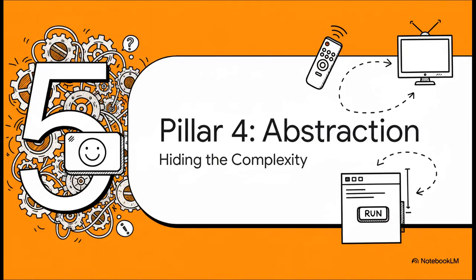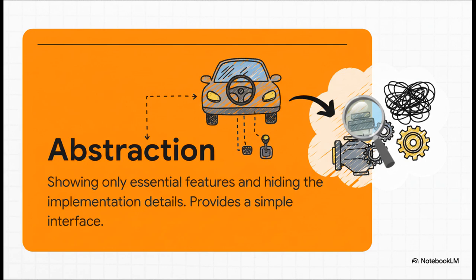All right, let's move on to our fourth and final pillar, abstraction. Now, if encapsulation was about hiding data inside an object, abstraction is all about hiding the messy implementation details behind a nice, simple interface. It's the user-friendly principle. We only show what's absolutely necessary. And this car analogy is just perfect.